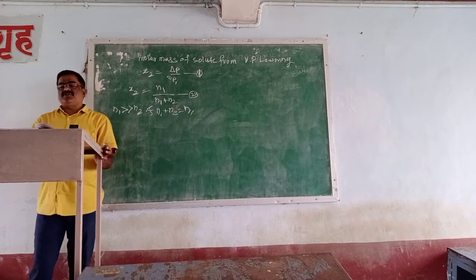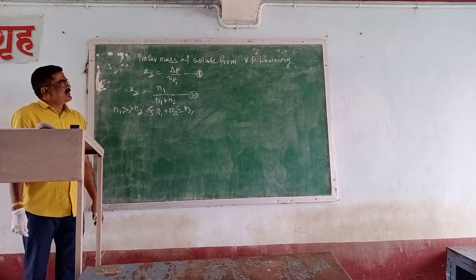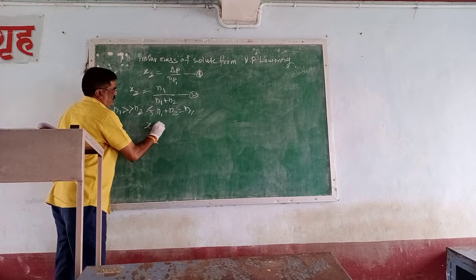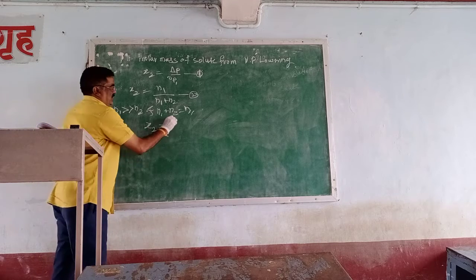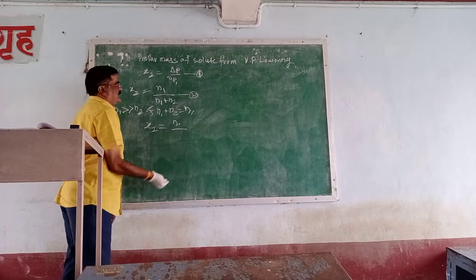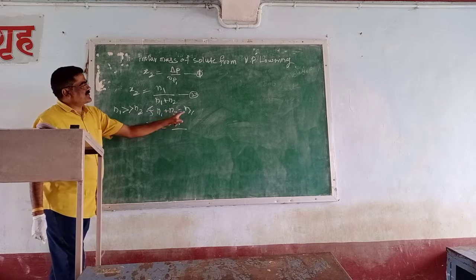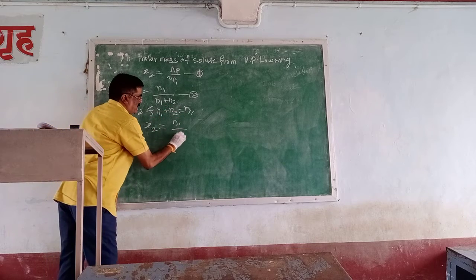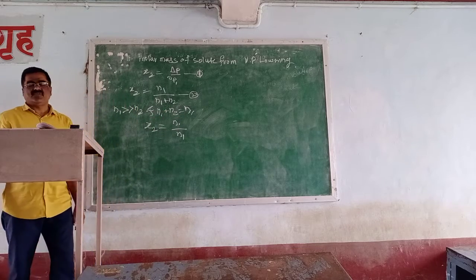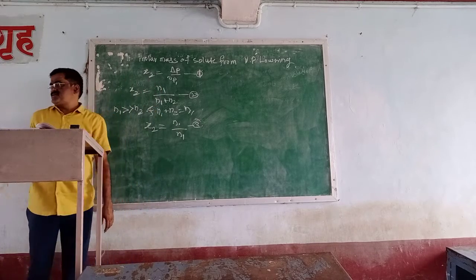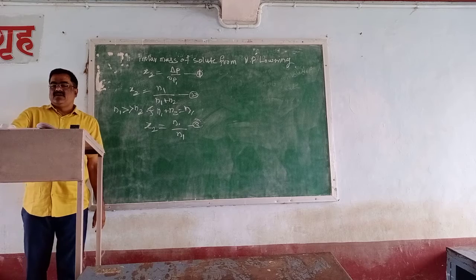Then the mole fraction x2 is given by n2 upon n1. This is equation number 3.